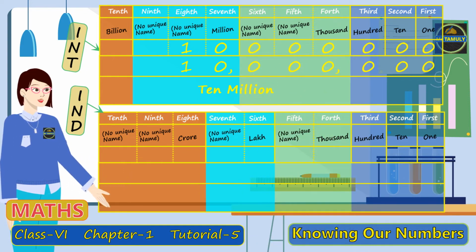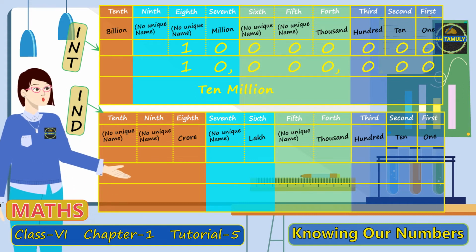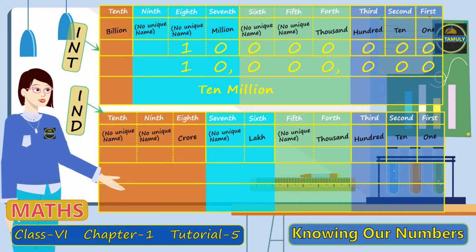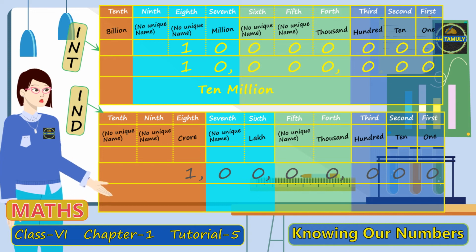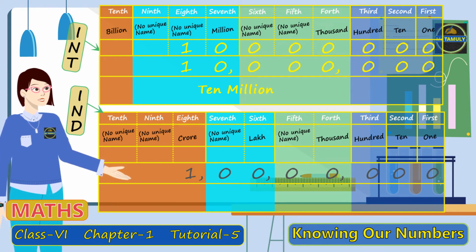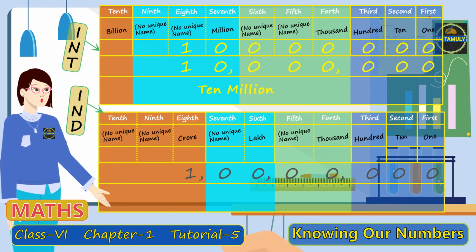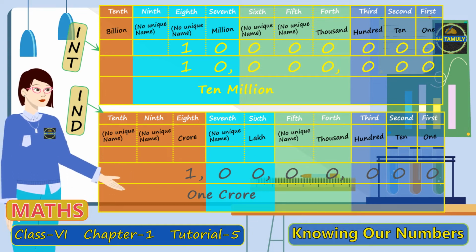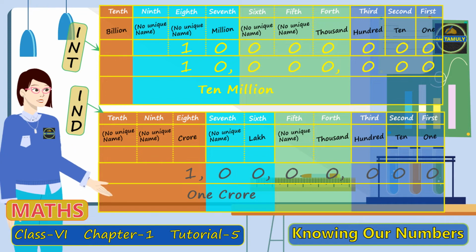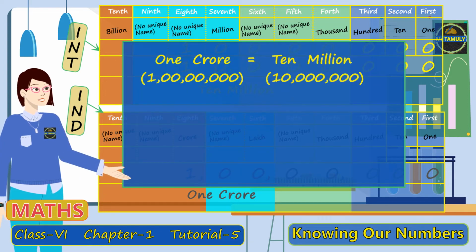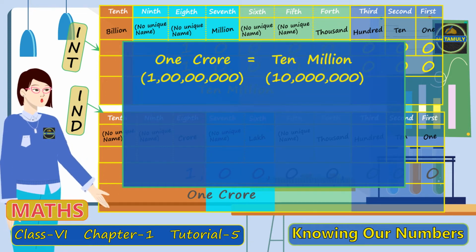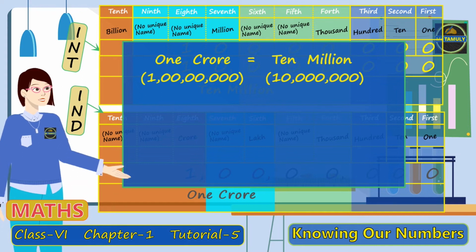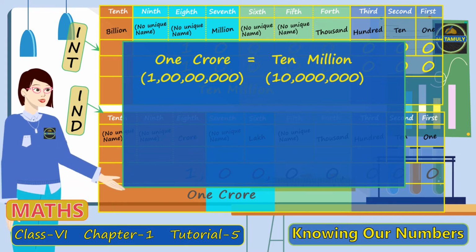Let's also try out the Indian name of the same 8-digit number, 1,00,00,000. As we can see, the Indian name of this number is 1 crore. Therefore, we now know that 1 crore is equal to 10 million.